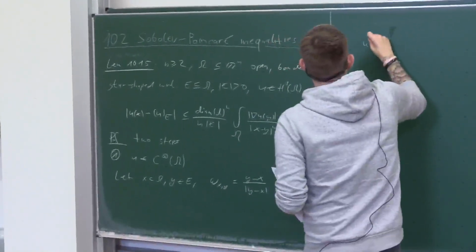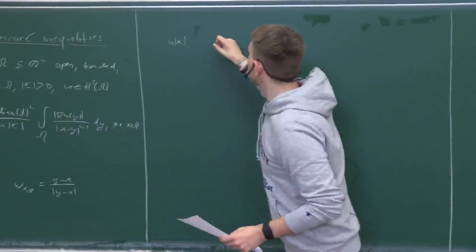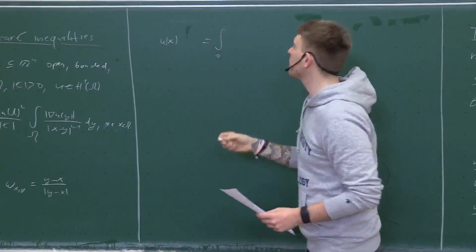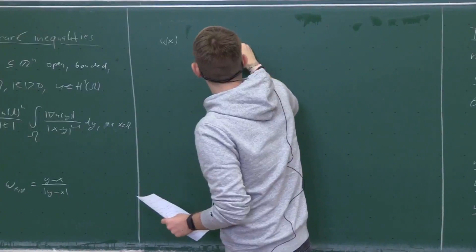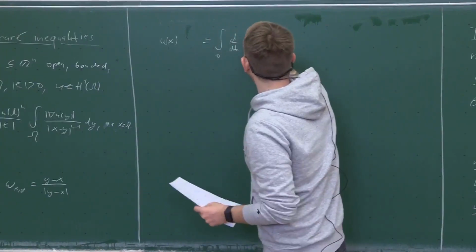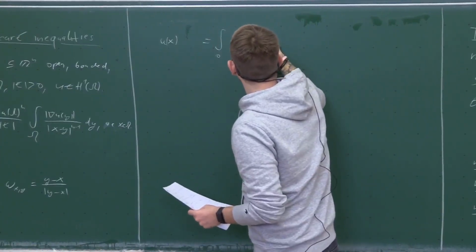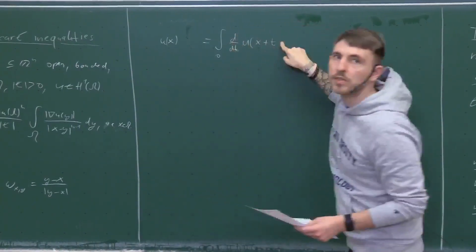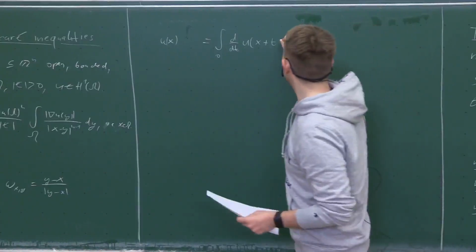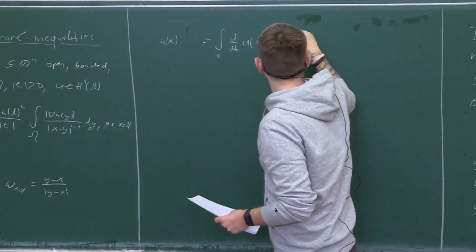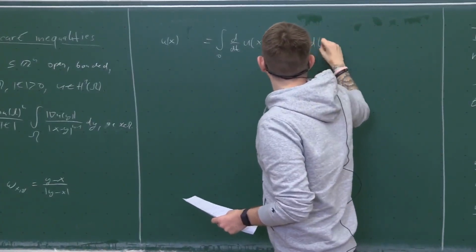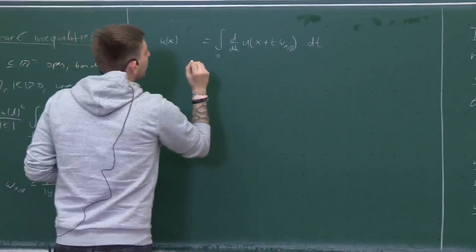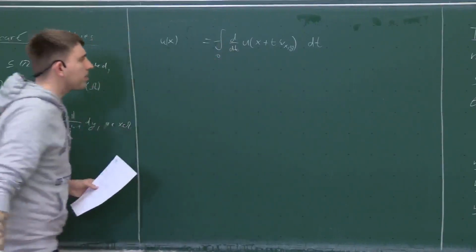And when we have this, then last time we said we have u(x), and we wanted to write it as some integral from 0 to, here we had infinity last time, and then we took inside the integral dt over the derivative of u at x plus t, and here I directly take this omega_{xy}, dt. And here we had also some minus.